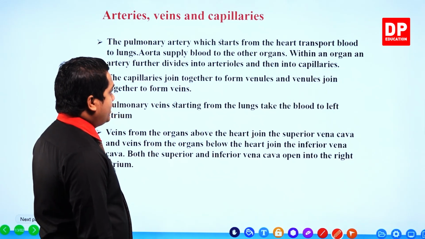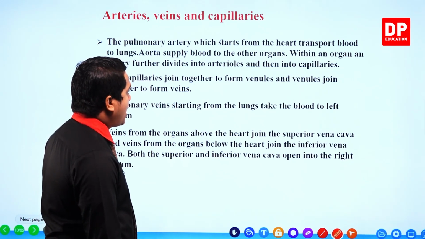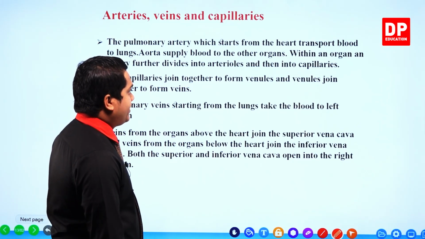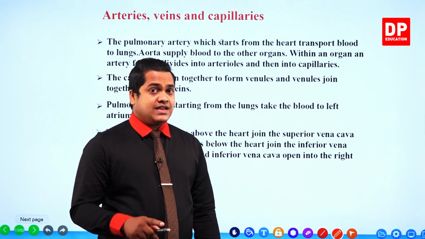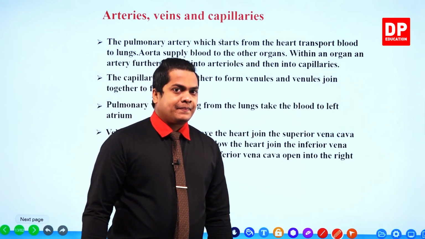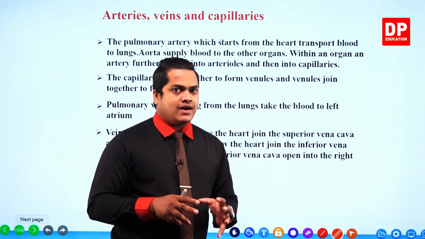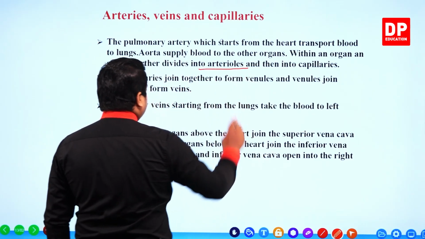Within an organ, an artery further divides into arterioles, then into capillaries. Within an organ means inside an organ, arteries get further divided into smaller units, which are referred to as arterioles.